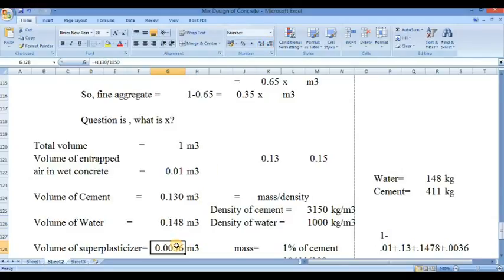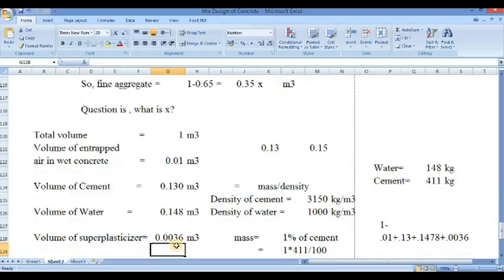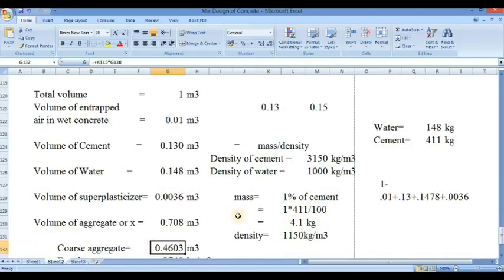And the volume of superplasticizer: how much superplasticizer or admixture have you used? 1% of cement by weight, and our cement was 411 kg. So for 1%, the total weight of your superplasticizer or admixture comes to 4.1 kg.